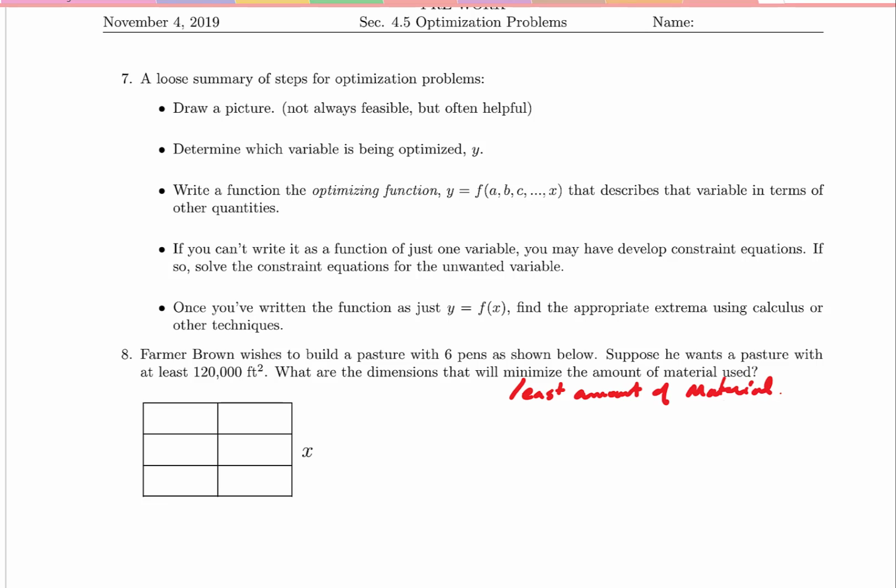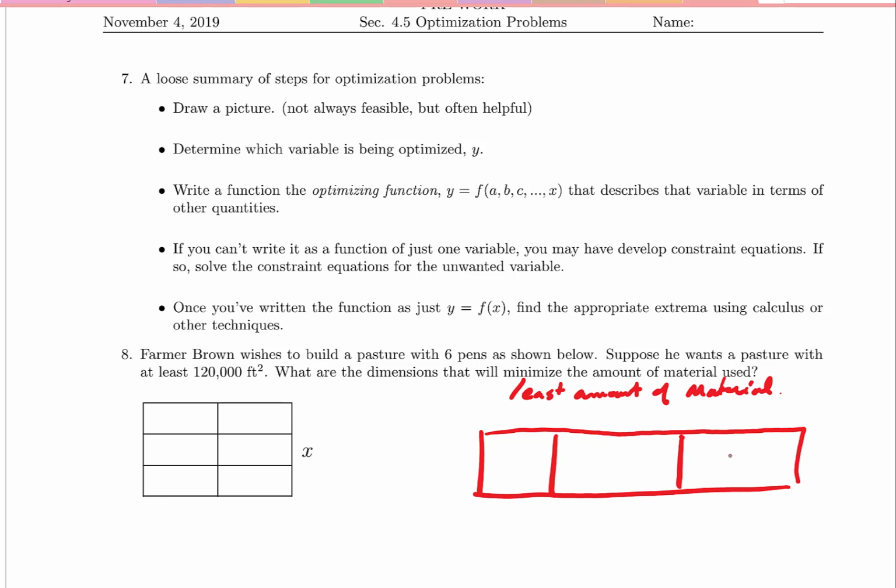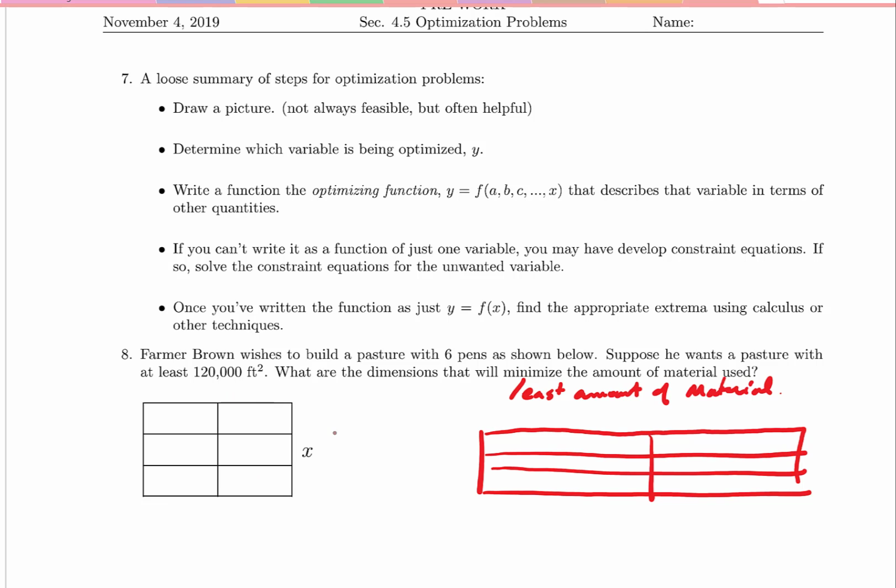Okay. And hopefully we see that there's a couple of different potential layouts for this problem. So for example, I could make my pasture look like this. Oops, these need to just have one bar. So it could look something like this. That would work. That has 6 pens, and maybe you could imagine that having the same area as this.